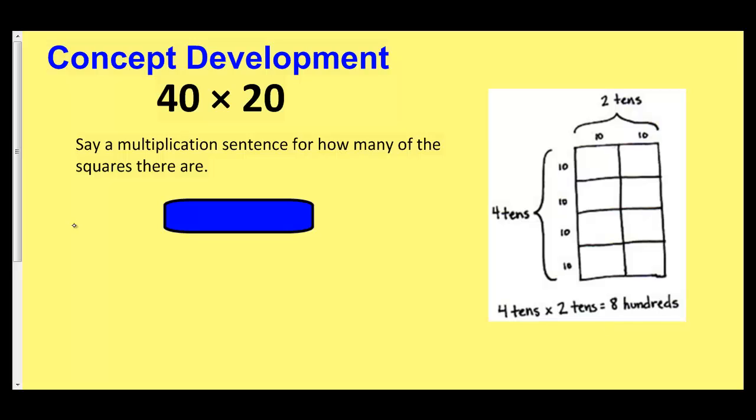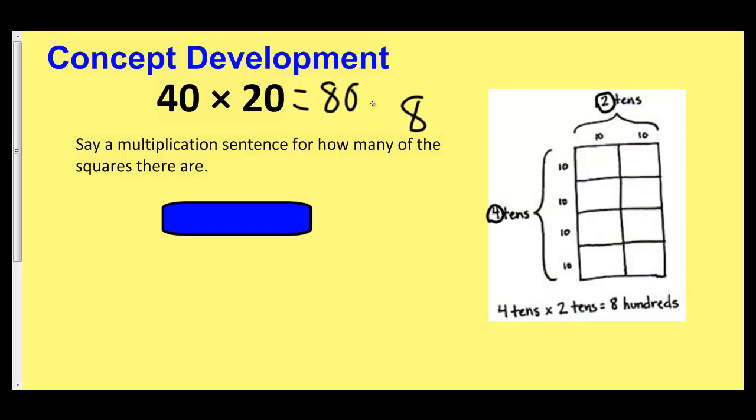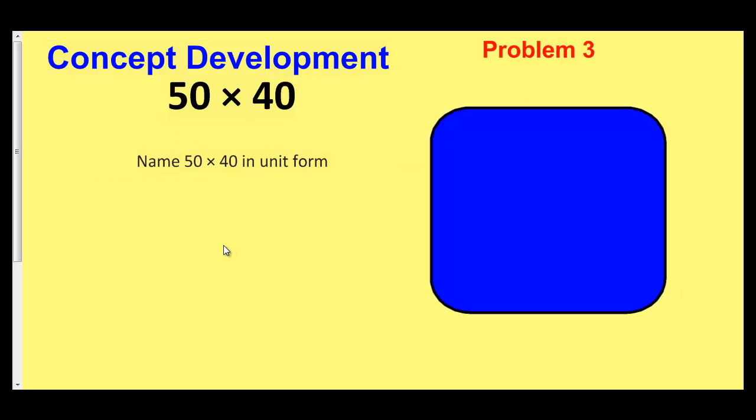So in your journal, I want you to write 40 times 20 equals 800 because 2 times 4 equals 8, and 10 times 10 is 100, so we have 800. So 4 tens times 2 tens equals 8 hundreds. That's new, isn't it? We're going to try one more.